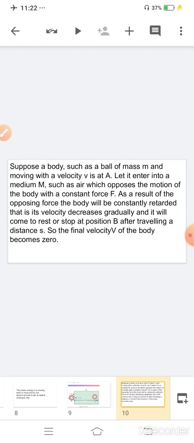That is, its velocity decreases gradually, and it will come to rest or stop at position B after traveling a distance S. So the final velocity of the body becomes 0.